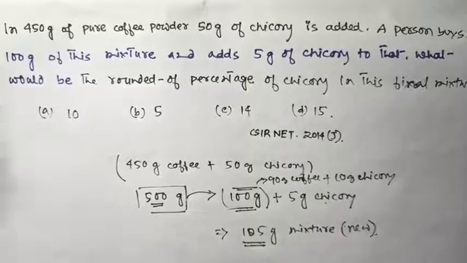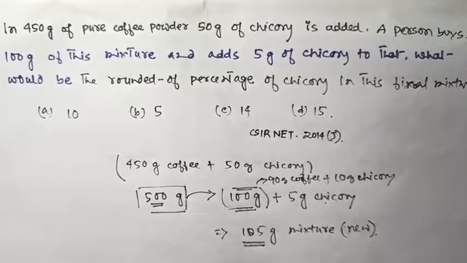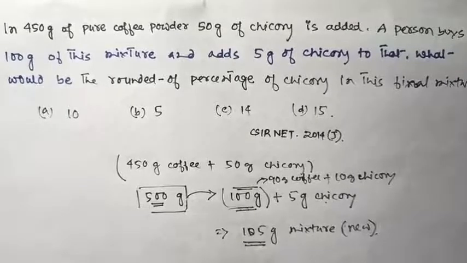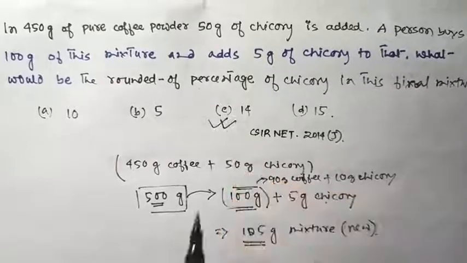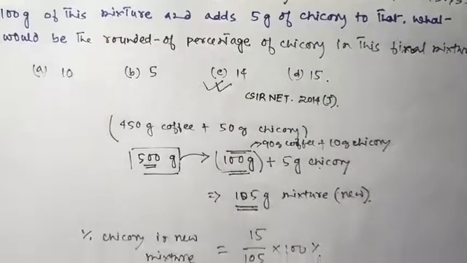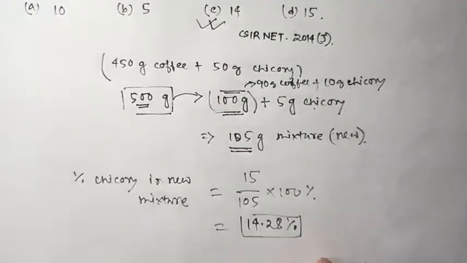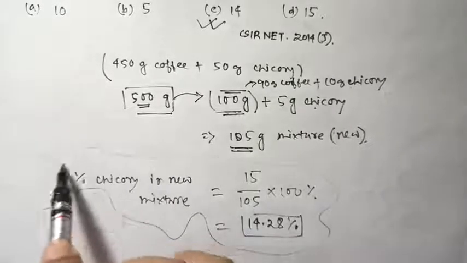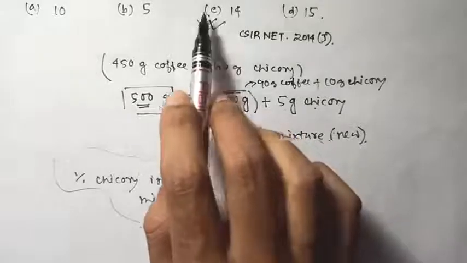If we calculate this, we will get 14.28%, which is approximately equal to option C. So our correct option will be option C.